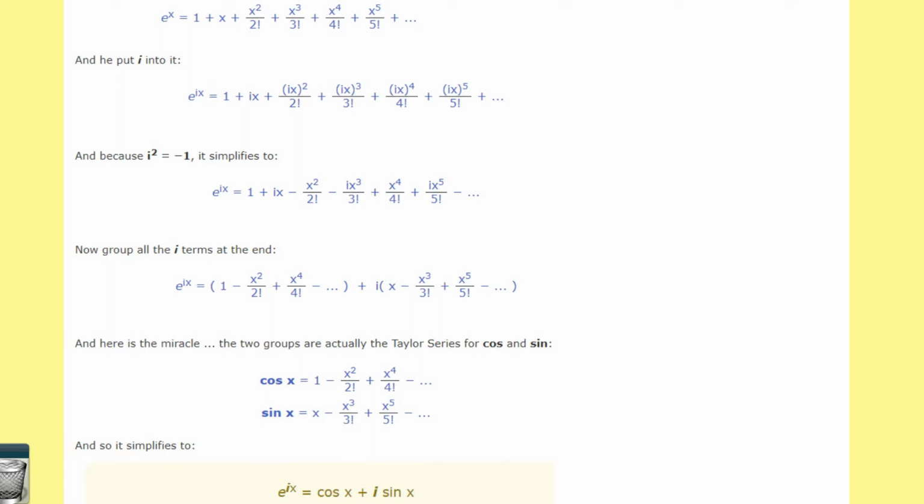I don't teach calculus, so I thought this was the simplest explanation I could find on the internet. So hopefully you remember the Taylor series from calculus. Anyway, this is just how it broke it down. The whole idea is that e to the ix is represented as cosine as the real parts, and sine is the imaginary parts. That was the whole idea of what he was doing.